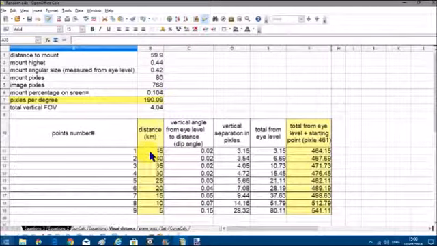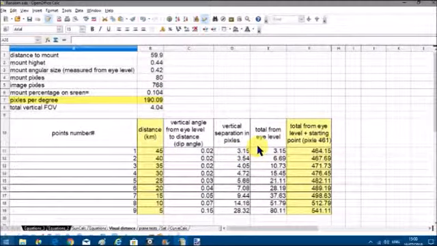Then I put in equations here. The distance, 50 kilometers, is maybe the shore or the lighthouse itself. So I thought to select 45 kilometers. The vertical angle from eye level to the distance on the screen or on the image in degrees is 0.02 and some fraction that doesn't show, and that equaled in pixels 3.15.